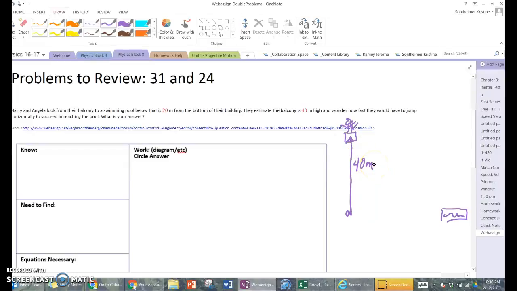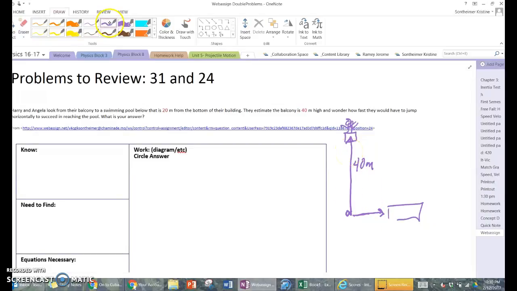Okay, they also roughly estimate, so this is highly inaccurate, so I'll do this. So again, vector quantity should have a magnitude that makes sense. So I need to redraw my pool. So if you don't understand why I did that, this should be about half the size of this.